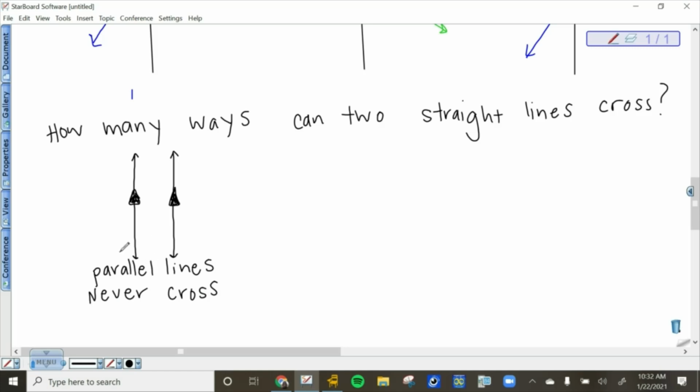Something to note about parallel lines, and we'll talk more about this on Monday, is the slopes of parallel lines are equal.